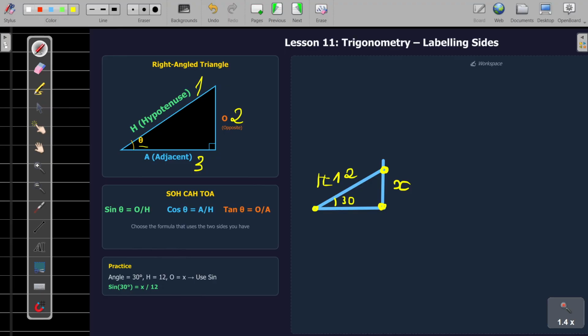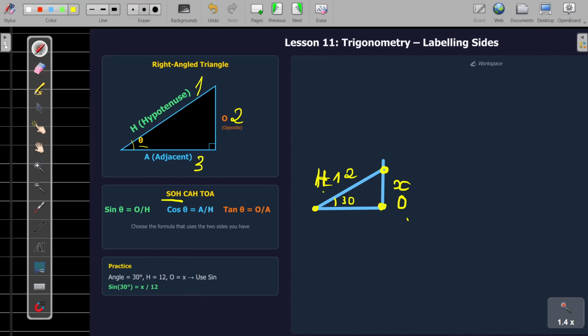So let's go. We have O, we have H. Let's look at SOH, CAH, and TOA. Now we want to look for the formula that has two of the elements that we have on this triangle. So if we have O and H, then we have to choose SOH because it contains two of the sides that we actually have right now.